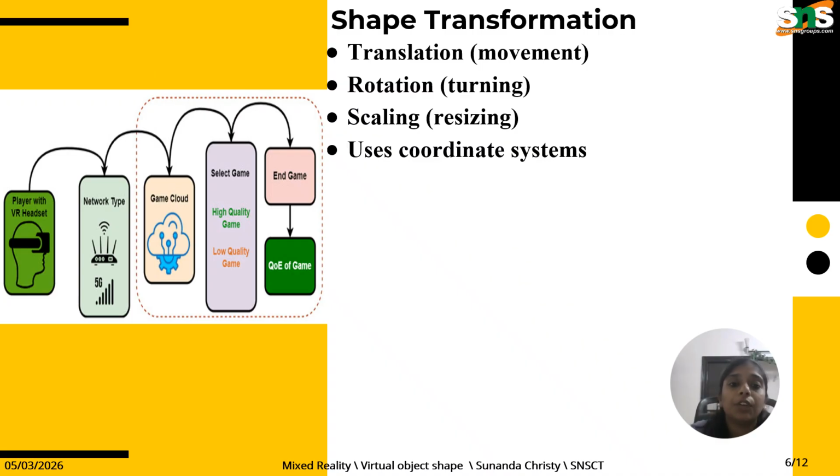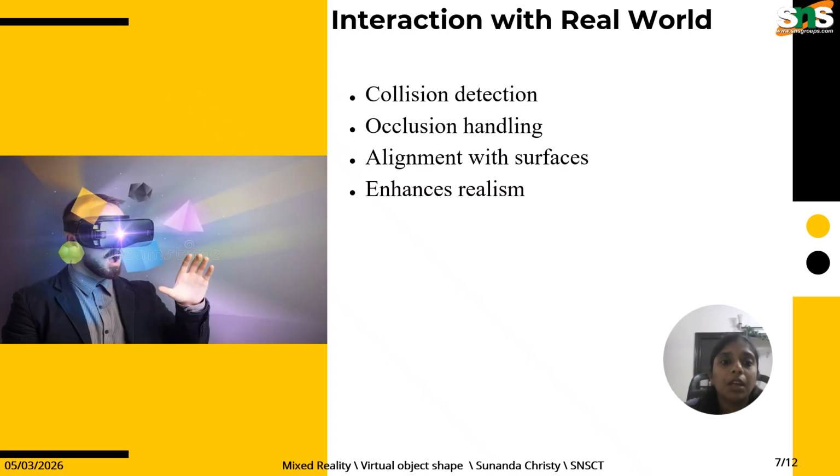Next, it uses coordinate systems for those virtual objects. When we are interacting with the real world, as you can see in the images, the 3D virtual objects work through collision detection and occlusion handling, alignment with surfaces, and also enhanced realism.